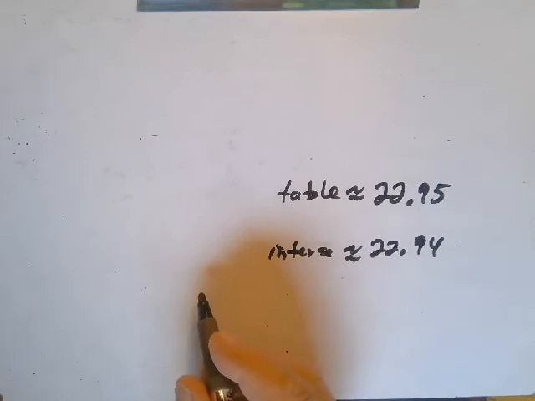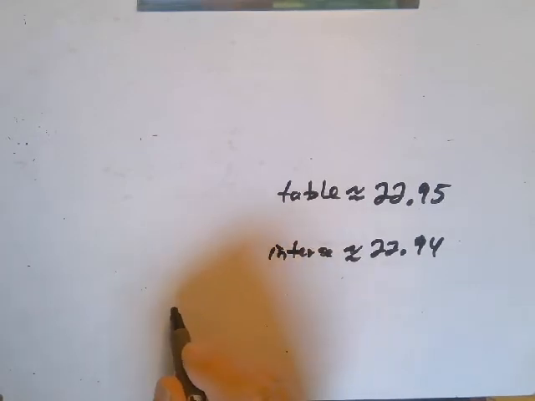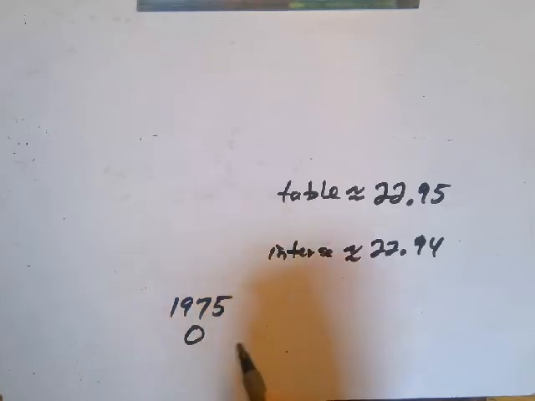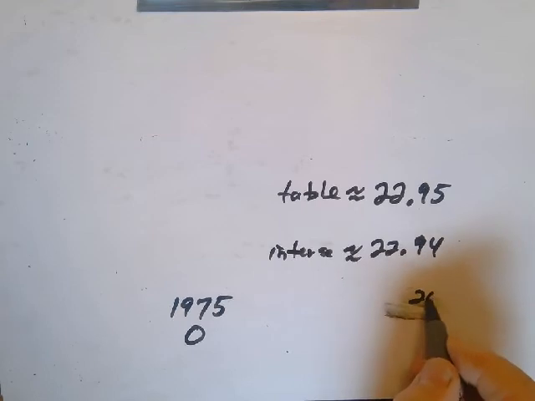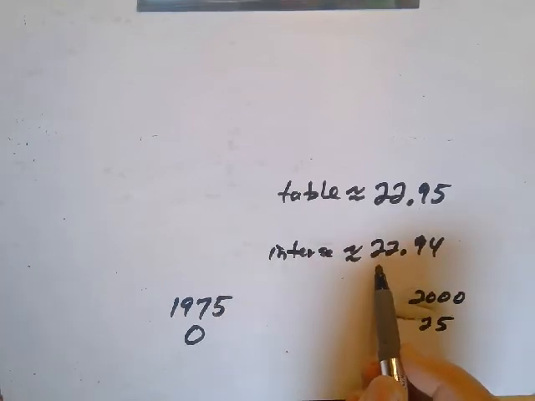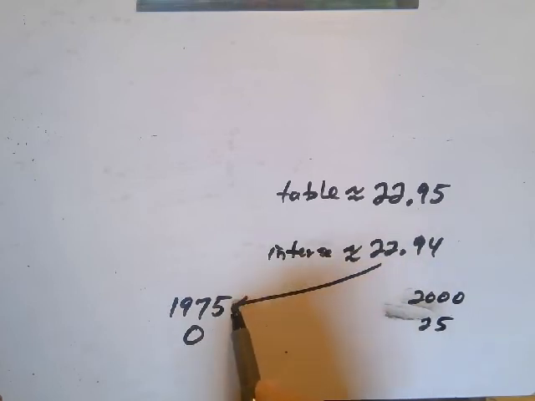Well, if you recall from the problem, year 1975 was year 0, and year 2000 was year 25. So we want to go 22.94 years after that.